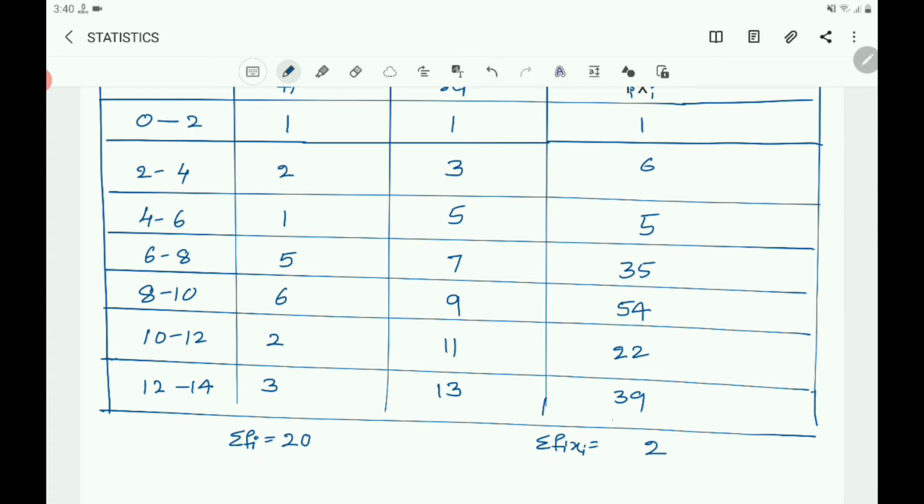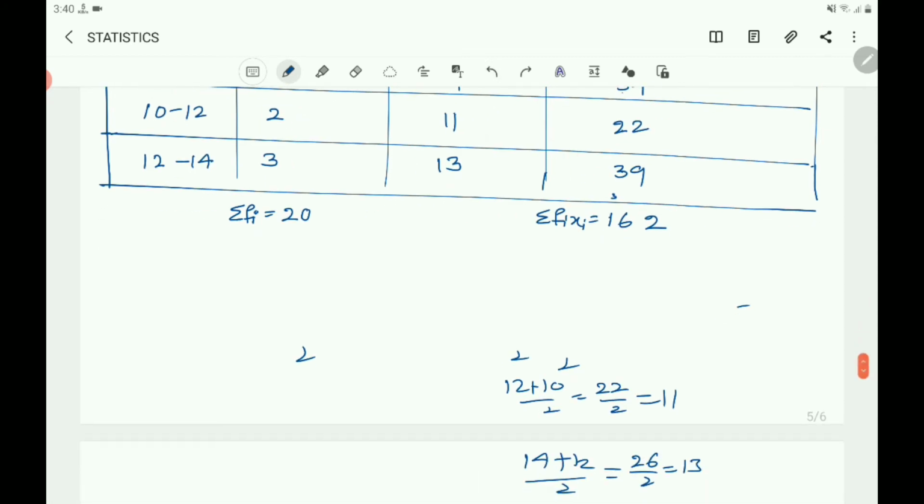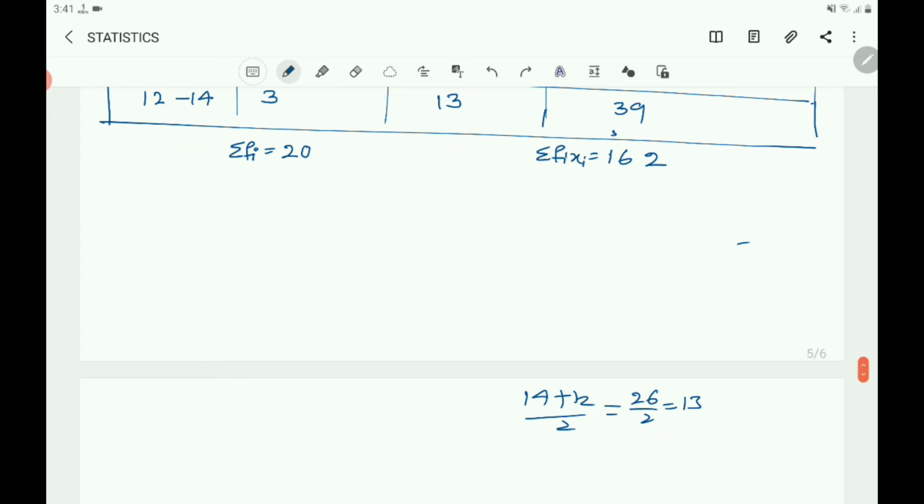Carry 3, 3 plus 3, 6, 6 plus 2, 8, 8 plus 5, 13, 13 plus 3, 16. You got the sum 162. Summation of fi xi is 162 and summation of fi is 20.